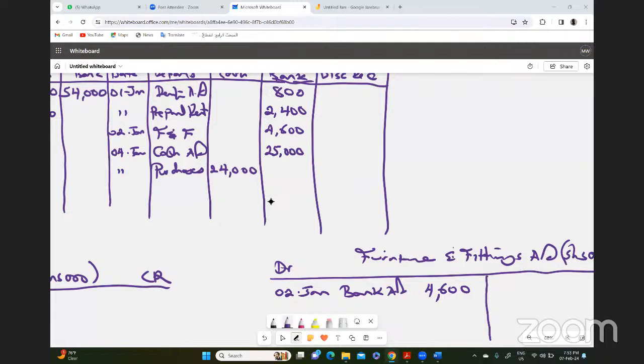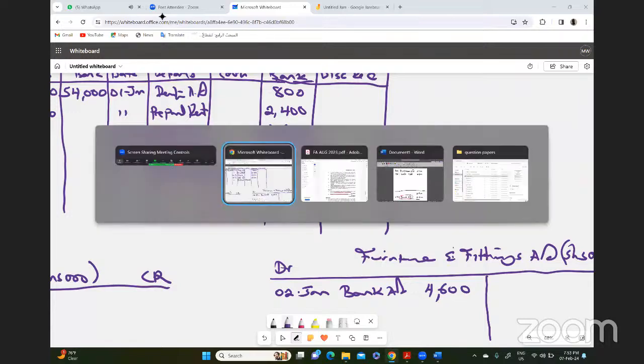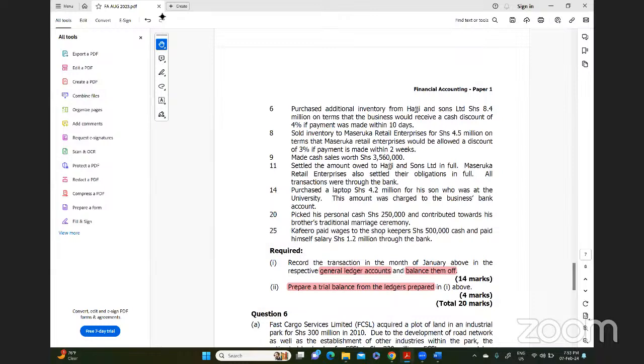I think we can resume with the transaction on the 6th. So on 6th, there was a purchase of additional inventory from Haji and Sons Limited of shillings 8.4 million, on terms that the business would receive a cash discount of 4%.